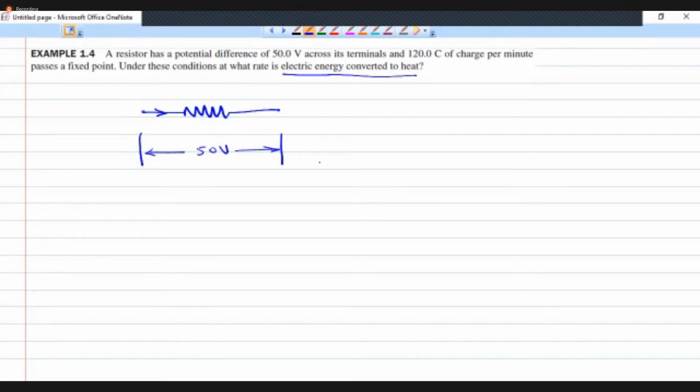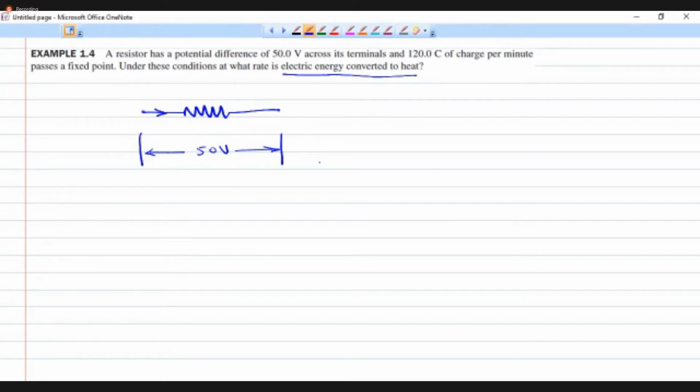So how can we find? Sir, by Ohm's law, we find resistance, then heat is I square R. Okay.